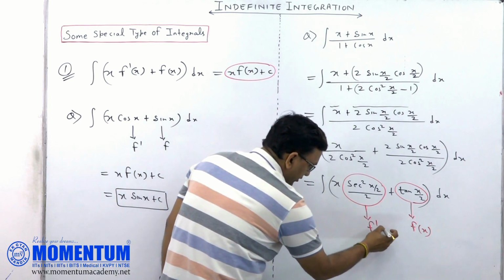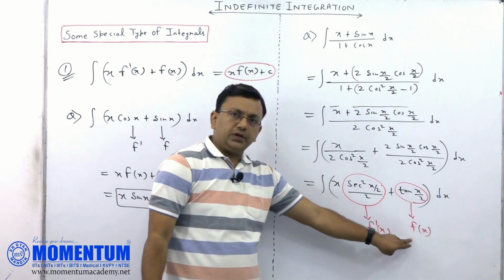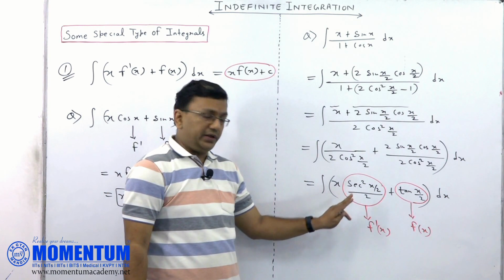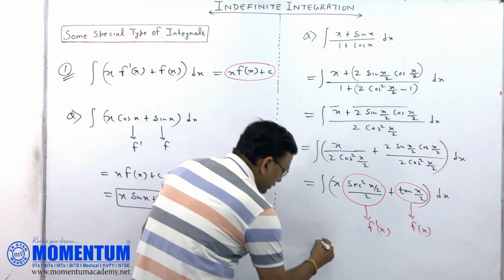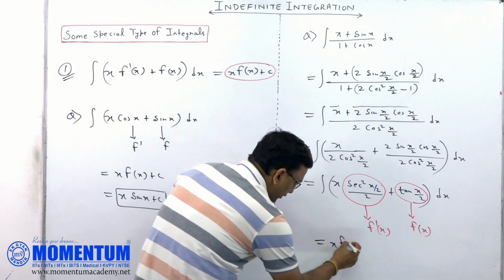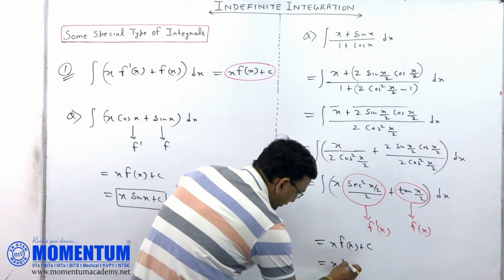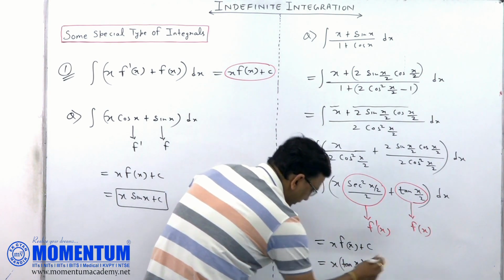Answer is yes. If I call tan of x by 2 the function, then clearly sec square x by 2 divided by 2 is f dash x. So what's the answer? X into f of x plus c, that means x into tan of x by 2 plus c.